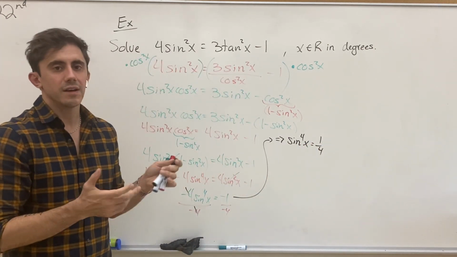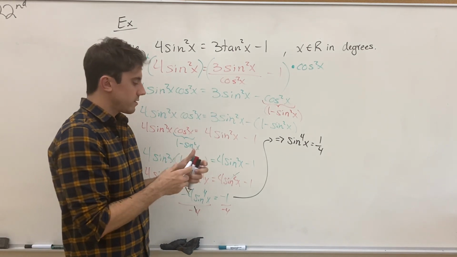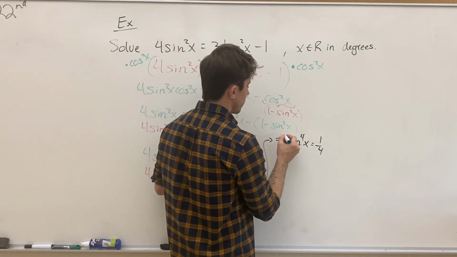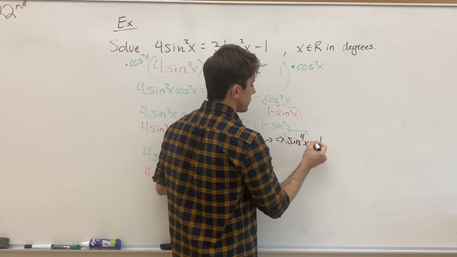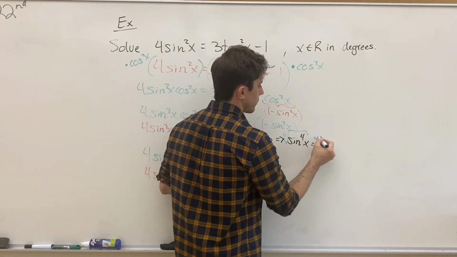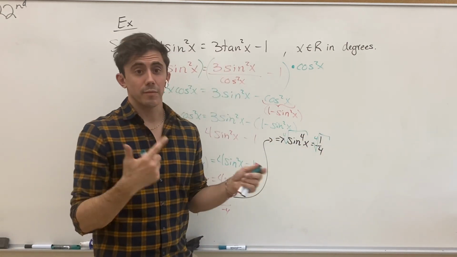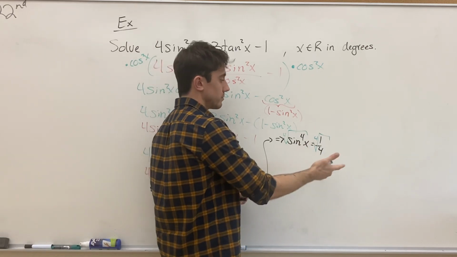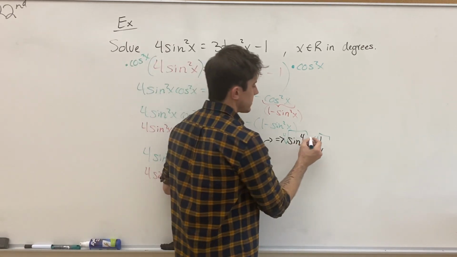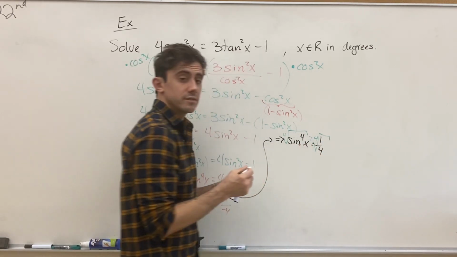And now, similar to what we do with the square, we're going to take the 4th root of both sides, but we have to remind ourselves that when we take the even root of a value, we have to consider the positive or the negative version, right?